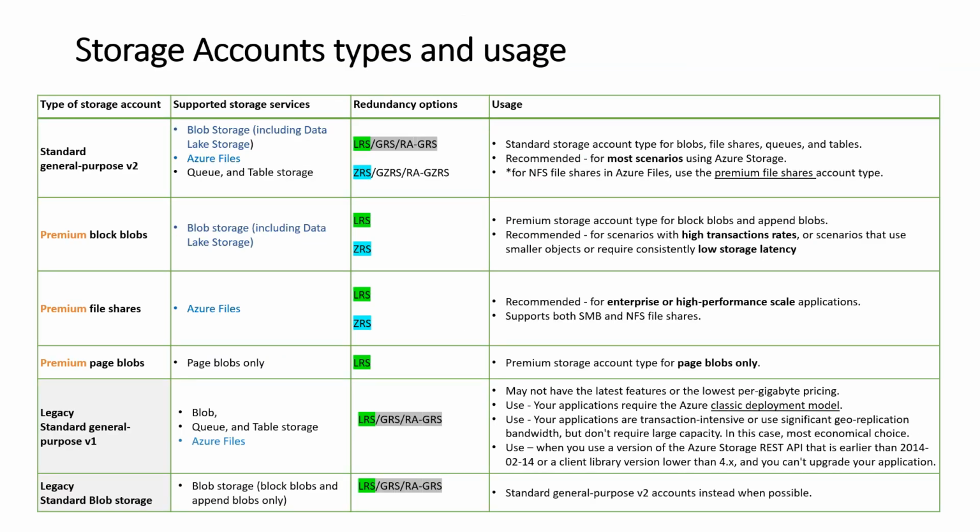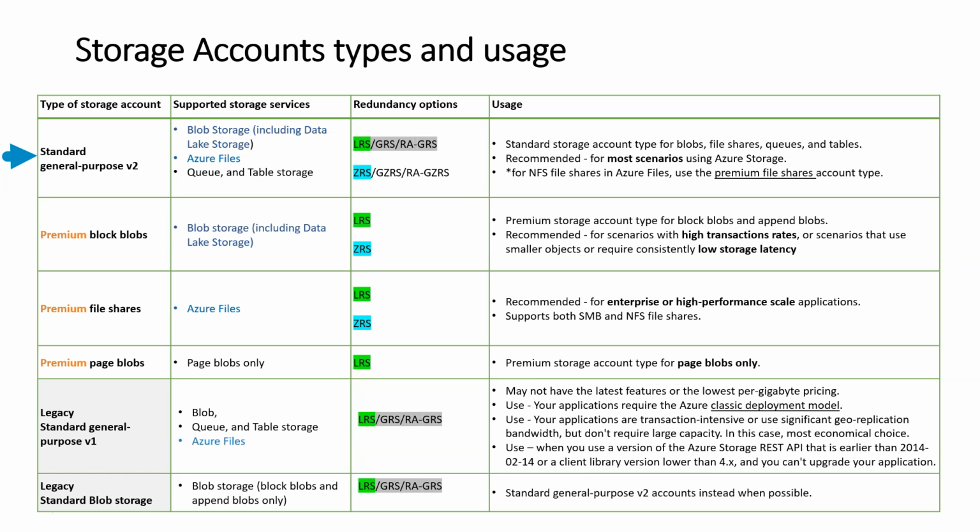Now let's see the types of storage. So, storage account types and usage. We now learned about redundancy options, and there are more types of storage accounts. As you can see, the first one is standard general purpose V2. This is the most common type of storage account. It supports block storage, Azure files, queue and table storage, and redundancy options.